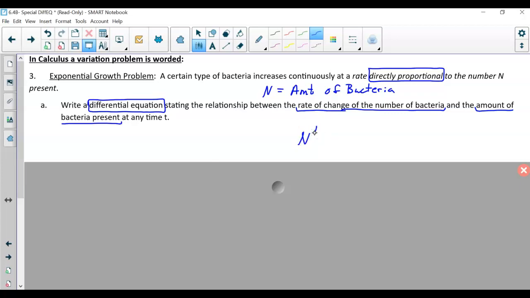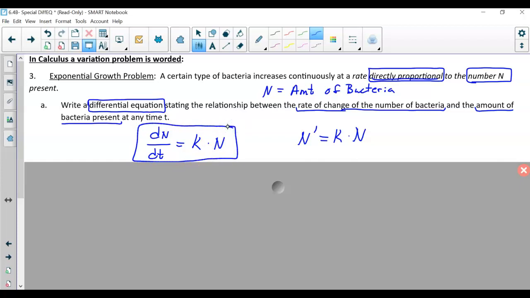That would be the derivative of my bacteria equals my constant of direct proportionality k times the number n of bacteria. But this is not a differential equation. Why? Because it doesn't have differentials. So we want to say dn/dt equals some constant k of proportionality that we are going to find times n. There is our differential equation stating the relationship between the rate of change of n and n.